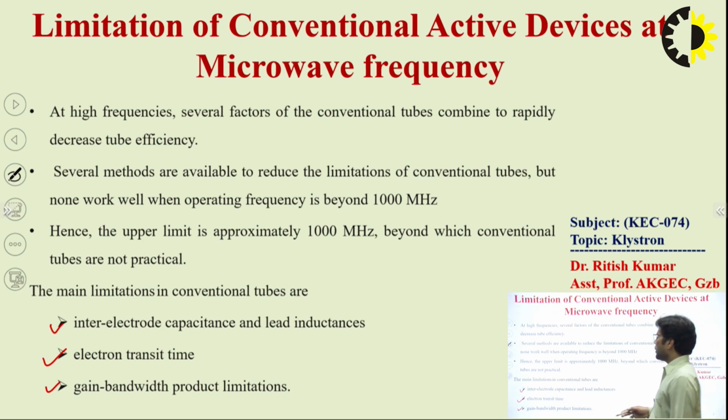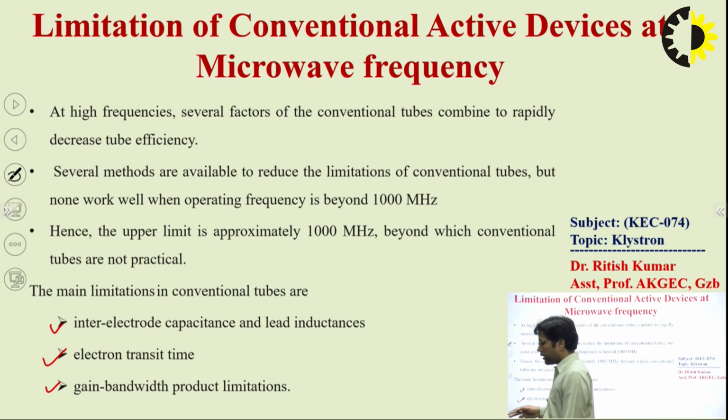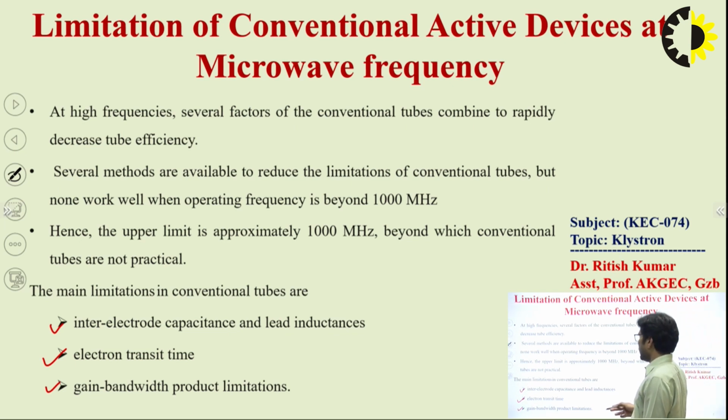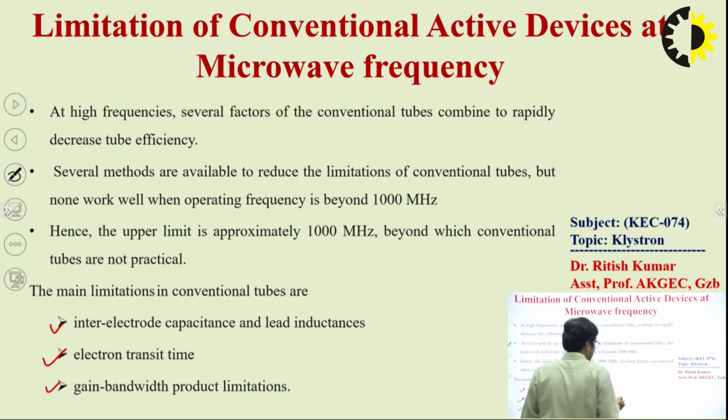Interelectrode capacitance is also called stray capacitance or buyer capacitance. Lead inductance is also called buyer inductance. At higher frequency, these effects come into the picture.